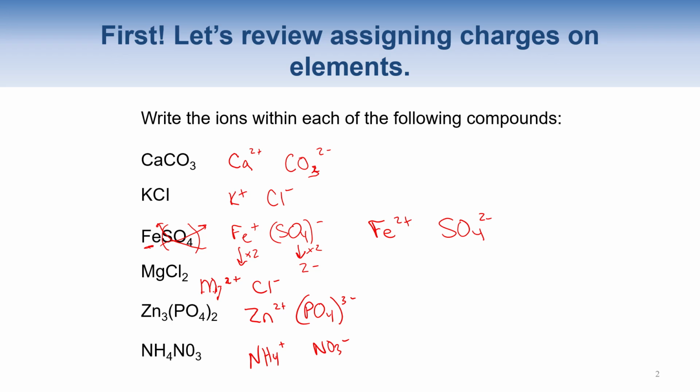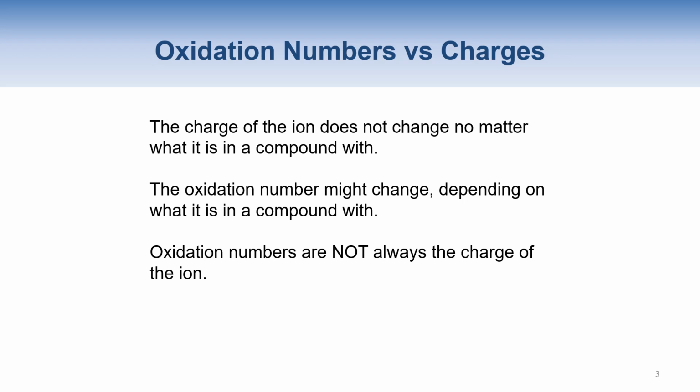So now that we've reviewed charges, we're going to talk about oxidation numbers and oxidation reduction reactions. Redox reactions are taking place all the time in the body. Anytime your cells use oxygen to produce energy, there are harmful substances that are produced as a byproduct.